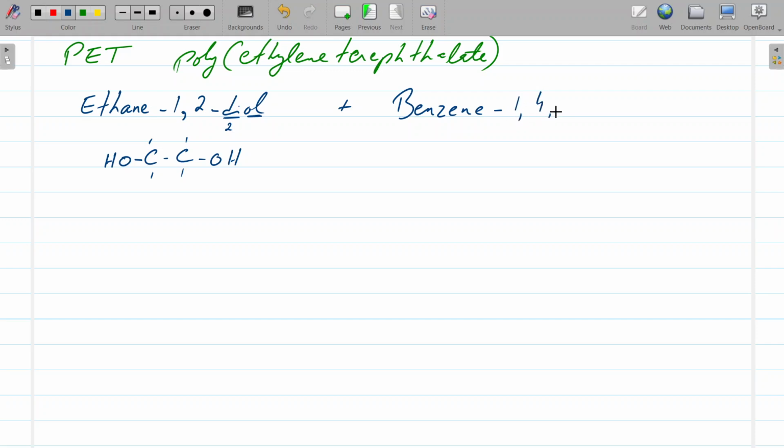So 1,4, and this is pretty simple, dicarboxylic acid. So it's telling you it's got two of the acid groups. Now benzene is a 6 carbon molecule, so this is what it looks like. It's got the C6H4, so that's the benzene part.